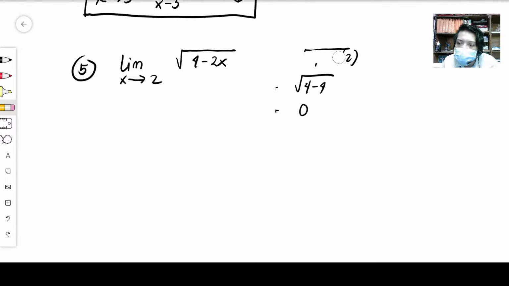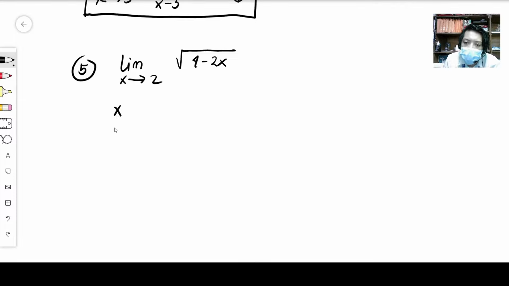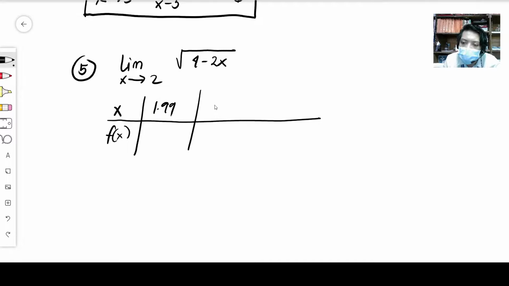Let me erase this one, because it is wrong. We take the left-hand limit first: f of x as x approaches 2 from the left. So this will be 1.99, 1.999, 1.9999.